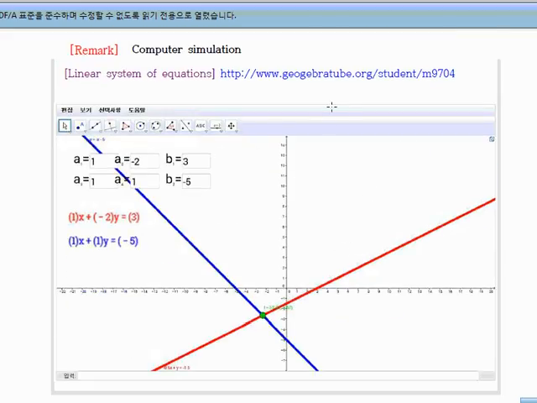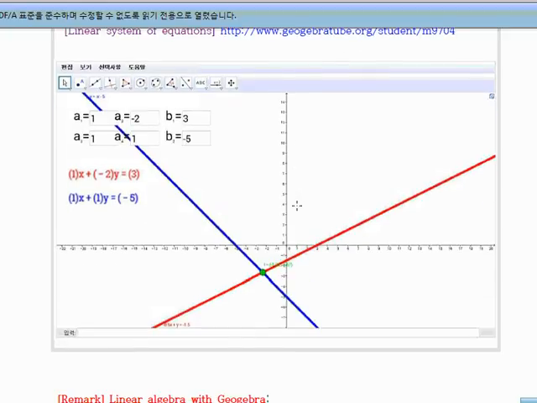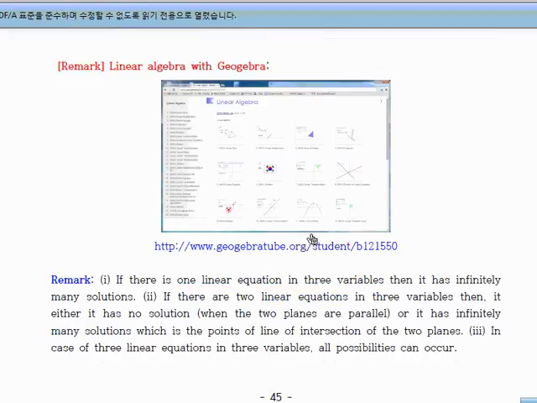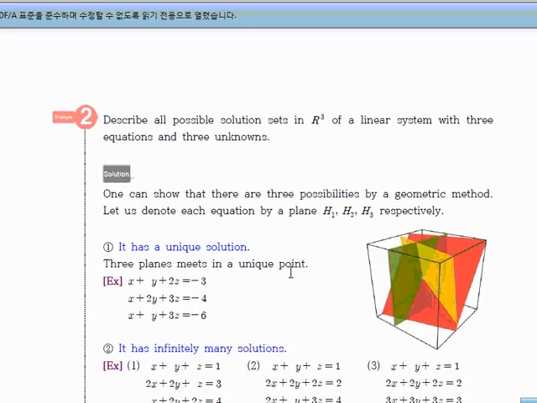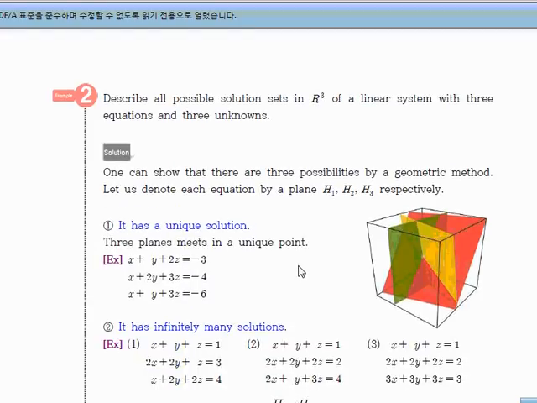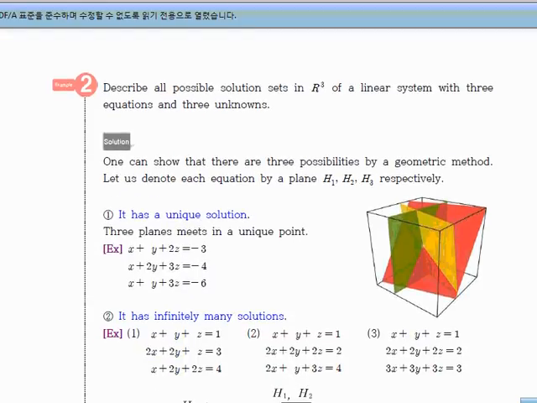And here is a computer simulation that you made to practice. And there are more visual tools of linear algebra at this web address that we have developed. Now, example 2 describes all the cases for a linear system of equations with three variables.